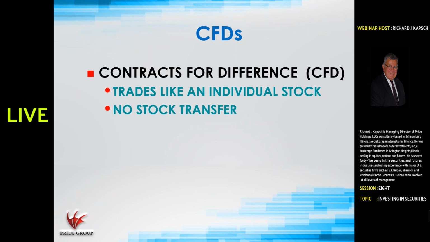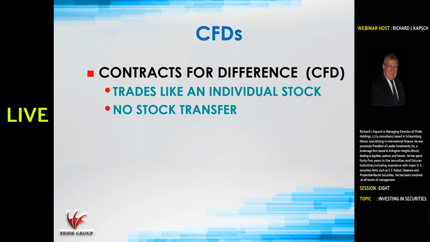There are CFDs available for trading in any particular financial instrument, and stocks are no different. So there are firms that issue contracts for difference, CFDs, on individual stocks, and these CFDs trade just like individual stocks.